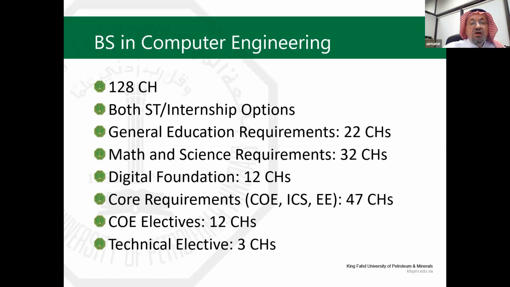Then we have the core requirements, which are taken mostly from computer engineering and computer science, and 1 course from EE, and these account for 47 credit hours. Then we have the CU electives, which are 4 courses, 12 credit hours, and the technical elective. Now, if a student chooses to go to a concentration, then he has to take only 1 CU elective, and the other 4 courses will come from the concentration. So this is in brief about the program.